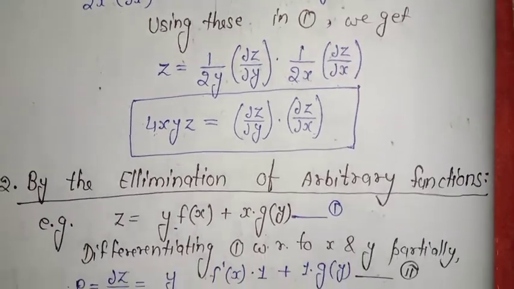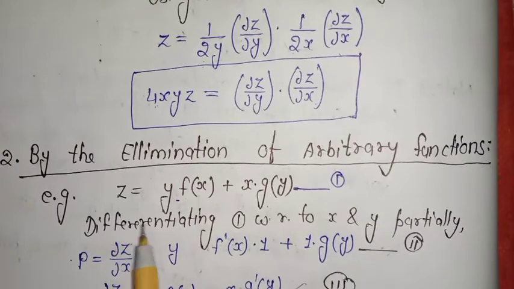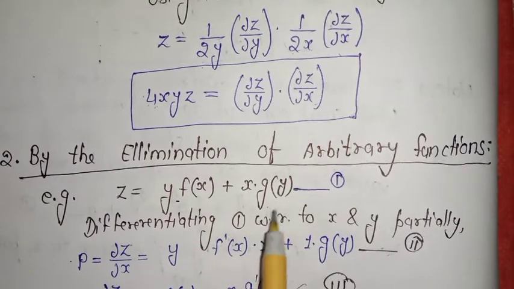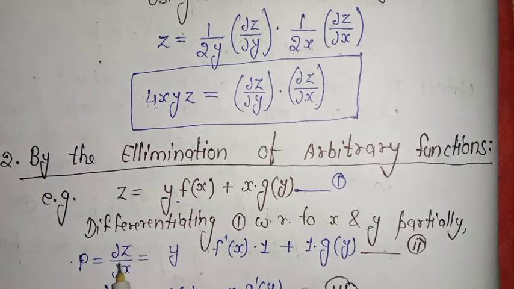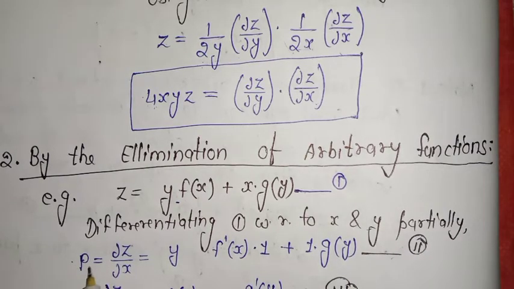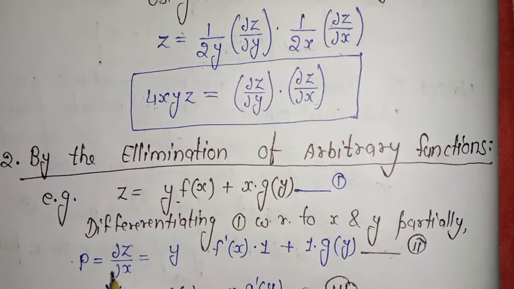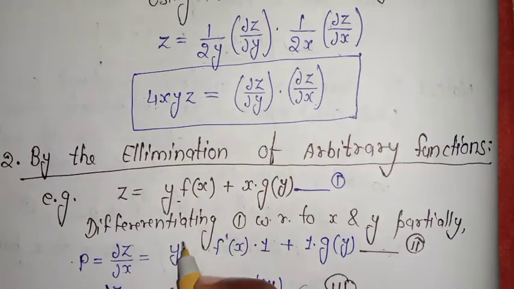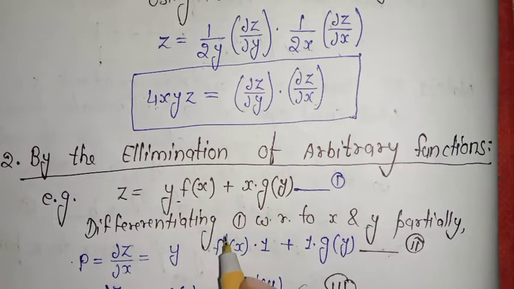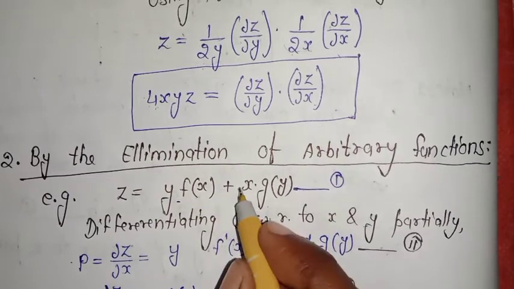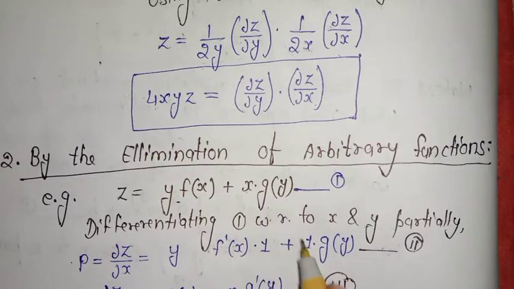Firstly we will do the same steps, that is we differentiate equation number 1 with respect to x and y partially. If we differentiate it with respect to x, that is equal to p, because p is equal to ∂z/∂x. This becomes y into f'(x) plus x, the derivative of x becomes 1, into g(y).